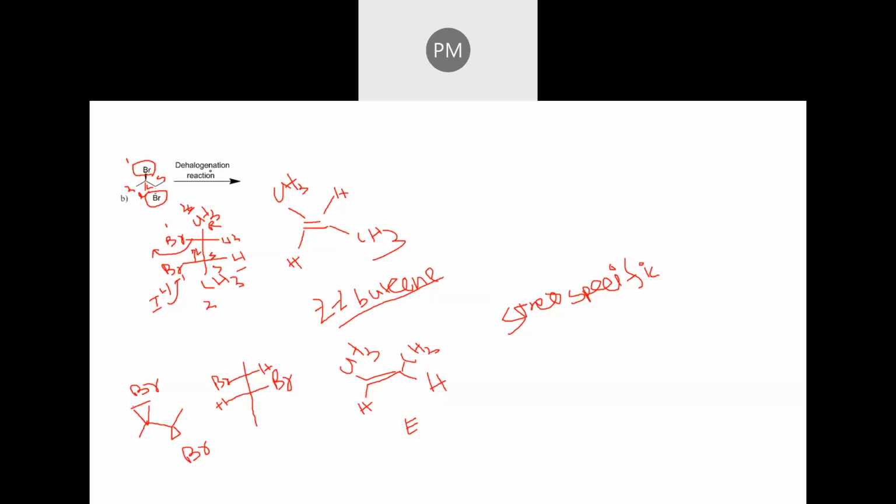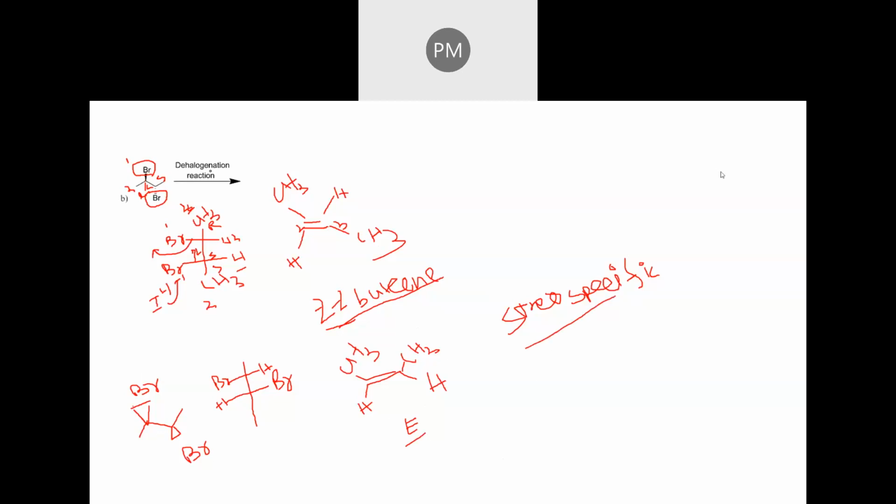So in this case the hydrogen is below the plane, and in this case the hydrogen is above the plane. So this one is a Z or E butene, because 1, 2, 3, 4, total 4 carbons, that is butene. Now if the two bromides are both above the plane, then what do we get? We are getting the E product.